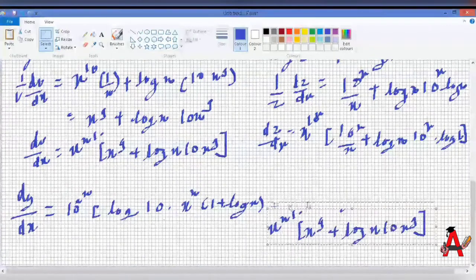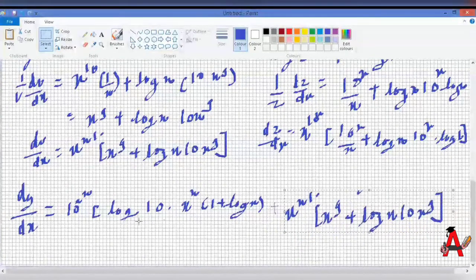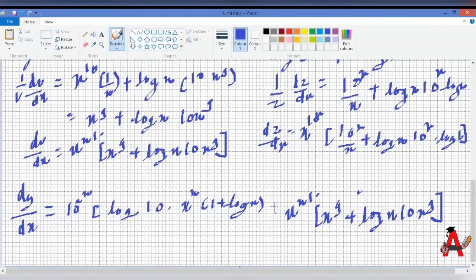Last you will add the z term, which is this term, plus x raised to 10 raised to x.